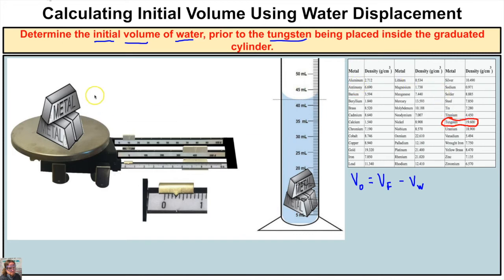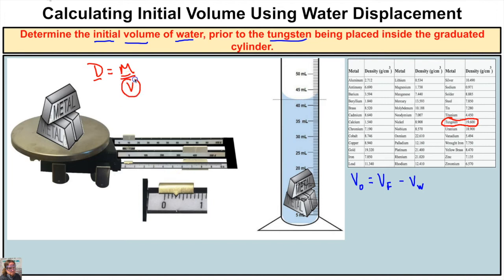And so what formula do we know uses D, or density, M for mass, and V for volume? Well, that's going to be the density formula. Density equals mass over volume. And so we can figure out the density of tungsten by looking at the table. We can also determine the mass of this tungsten by looking at our triple beam balance.